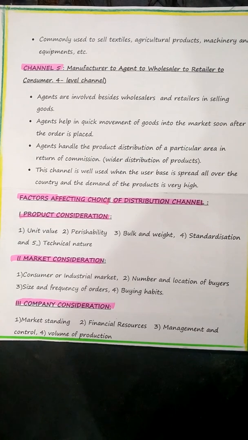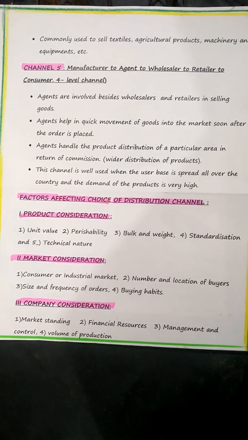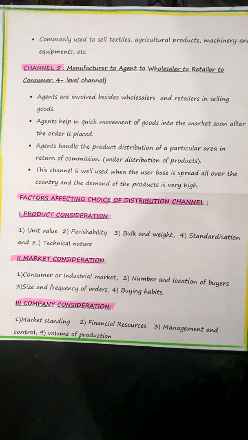Before that, let me go through the learning objectives for today's class. We have seen place, physical distribution, place mix, distribution channel, channels of distribution, and place as one of the 4 elements of marketing mix. We have seen the meaning of place mix and distribution mix. We have seen the distribution channel, the main features, and the reasons for the choice of distribution channel.